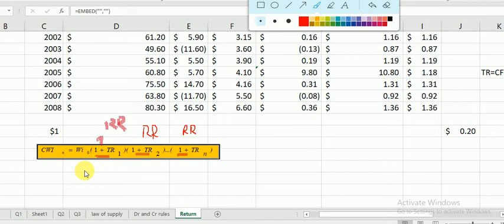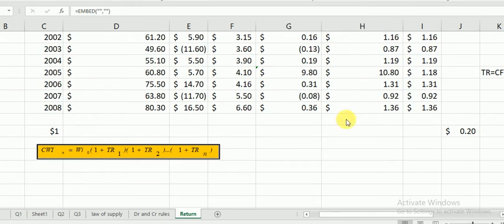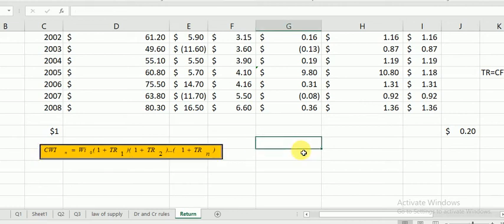At time 0 we are going to make the investment. And instead of 1 plus TR, we can write RR1, RR2, RR3, RRn.